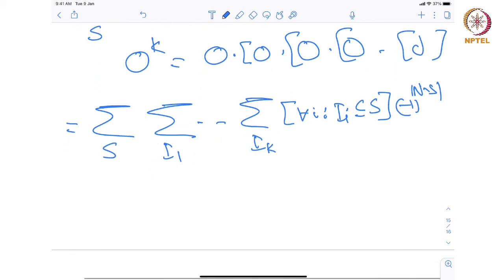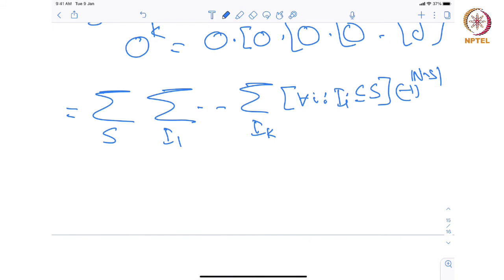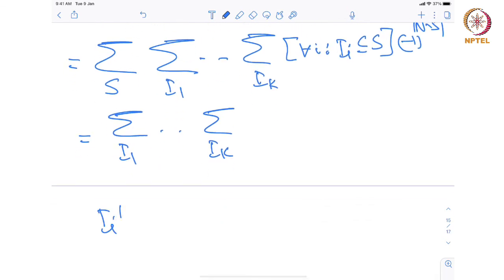Now, I could also do this slightly differently, right? I could go over all k independent sets of my graph, and only count them when each of these I1 to Ik belongs to S. So I could write this as summation over I1, dot, summation over Ik, where these Ii are independent sets in graph G. Okay.